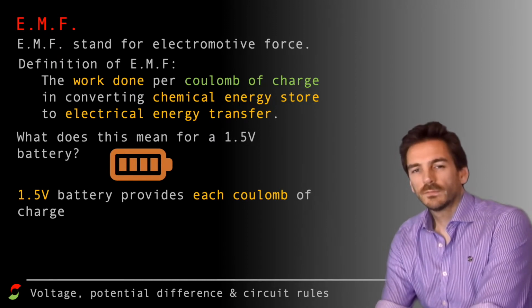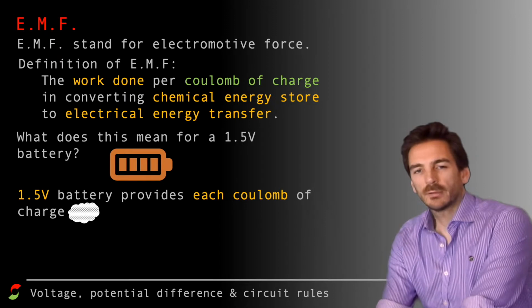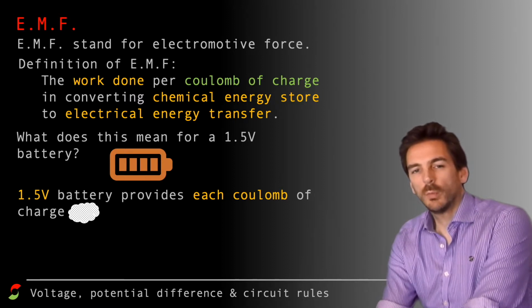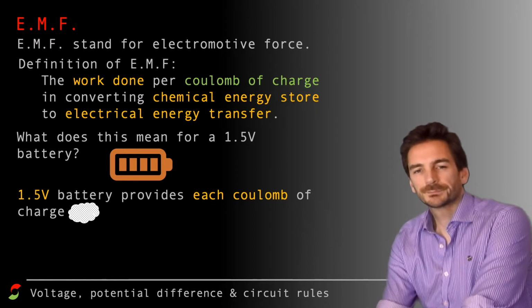So each coulomb that flows out of that battery will have 1.5 joules of electrical energy, which has come from the chemical store inside the battery. So the e.m.f of that battery is 1.5 volts, meaning it can deliver 1.5 joules per coulomb.